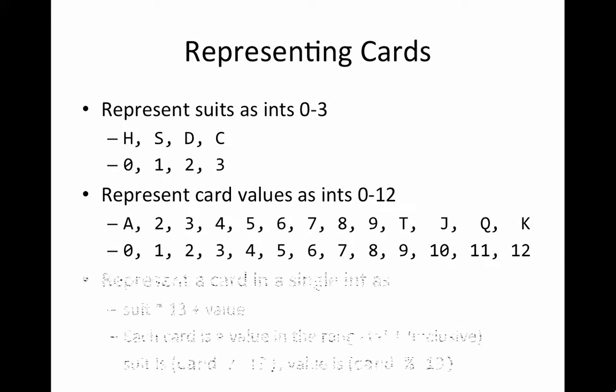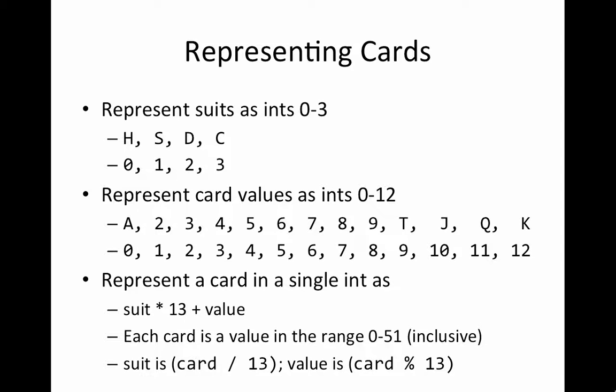One way we can do that is to say that a card as a single int will be represented as the suit times 13 plus the value. Alternatively, same logic, we could have said that it would be value times 4 plus the suit.